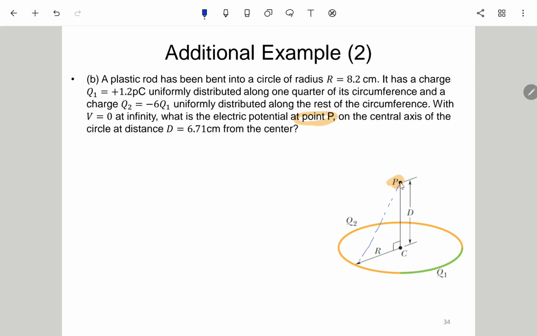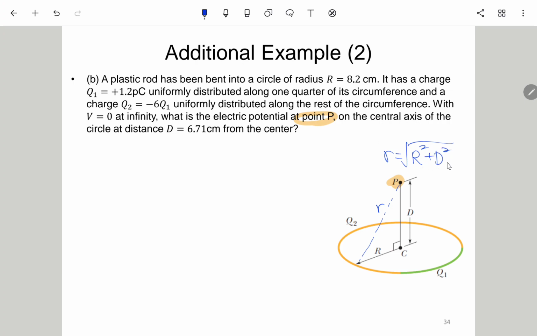This one will be a right angle triangle, and let's say this is small r. The distance from this point P to the whole ring will still be this r, which according to the Pythagorean theorem will be nothing but the square root of capital R squared plus d squared.